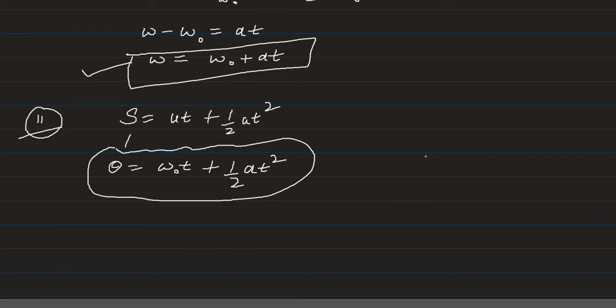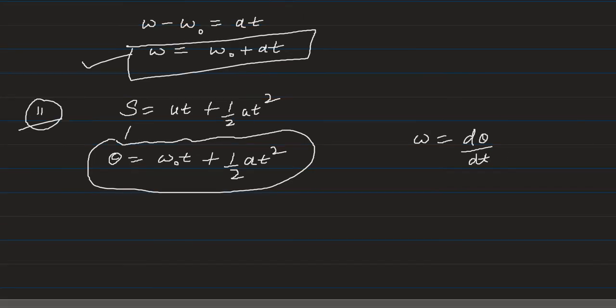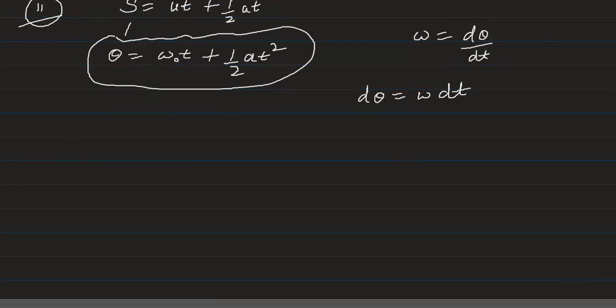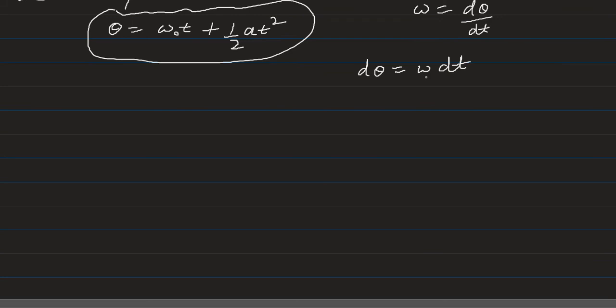Students, as we know that omega is basically d theta by dt. This is the relation for omega, the rate of change of angular displacement. So omega is d theta by dt. So from here we can write d theta is equal to omega dt. And now we will simply put the value of omega from equation 1.